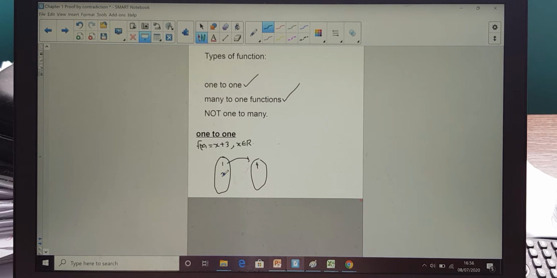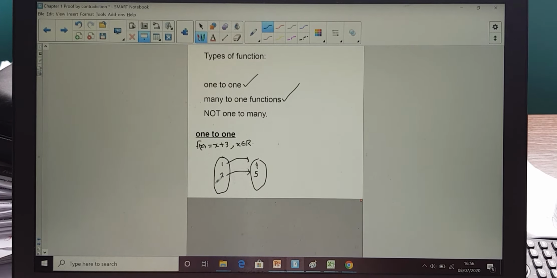If I put 2 in, that would map to 5, etc. Obviously any real numbers is saying that the domain is any number.